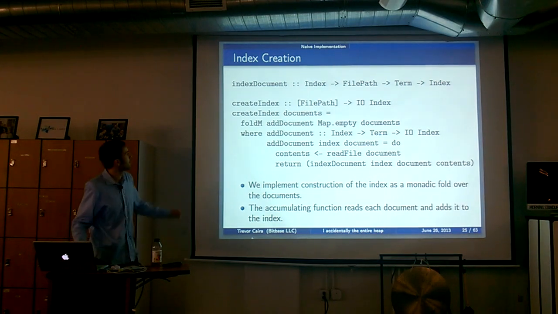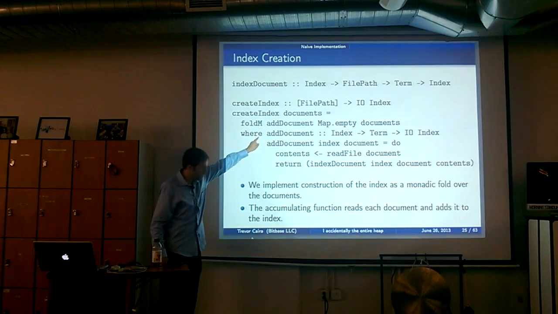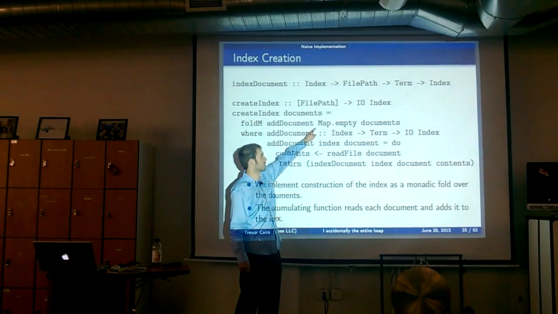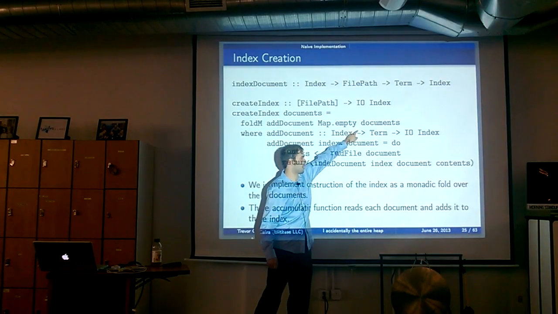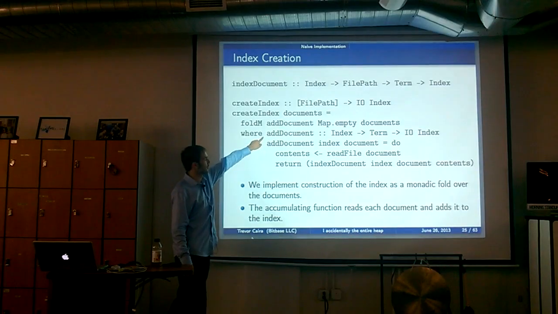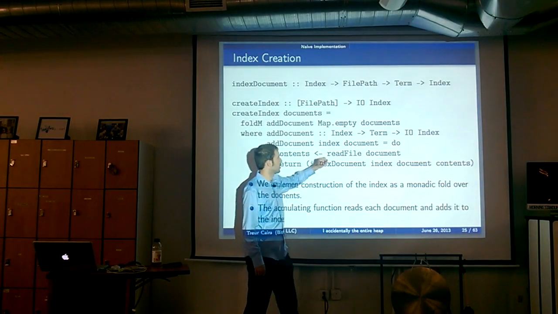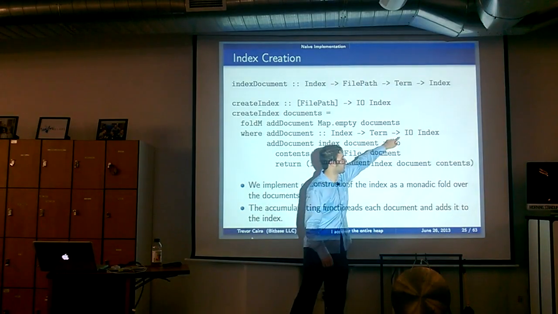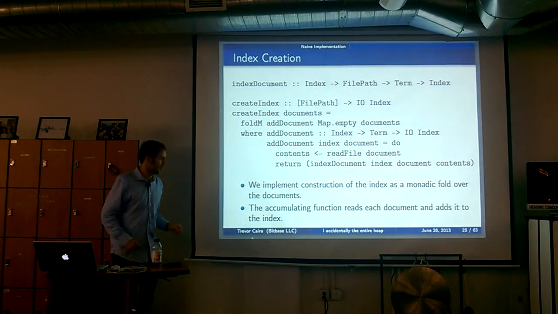So we're folding with this accumulating function, and here is our empty index that we're starting from as the initial value of the accumulator, and the list of paths to the documents that we're going to read. And our accumulating function is given the starting value of the index, the term, which is the contents of the file in this case, and then an IO action which produces the new version of the index.